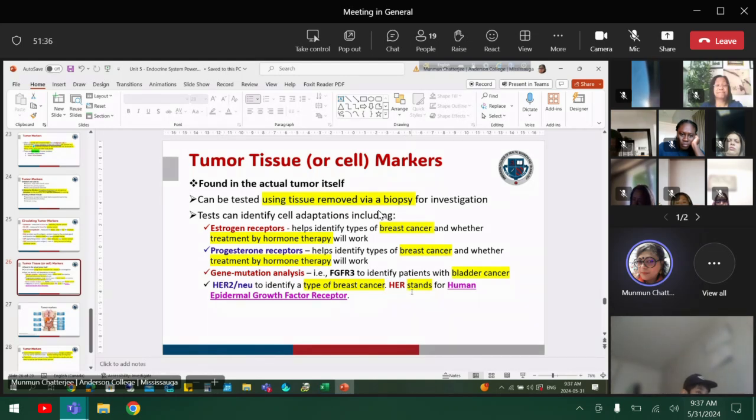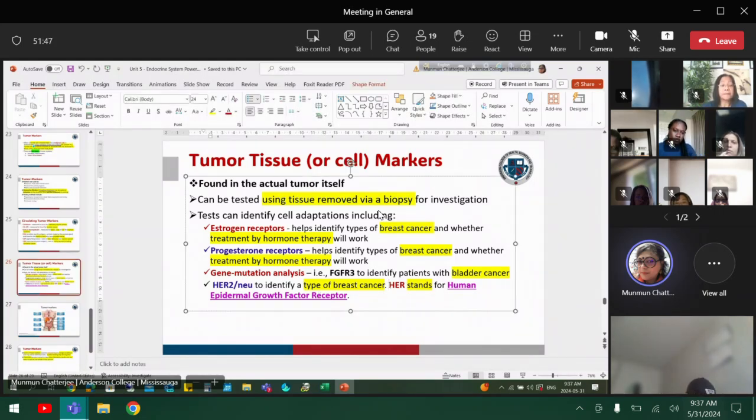What is the name? HER stands for human epidermal growth factor receptor. This question comes also: what HER stands for. They may give you different options or they may ask you to type it. So just make sure HER is human epidermal growth factor receptor.